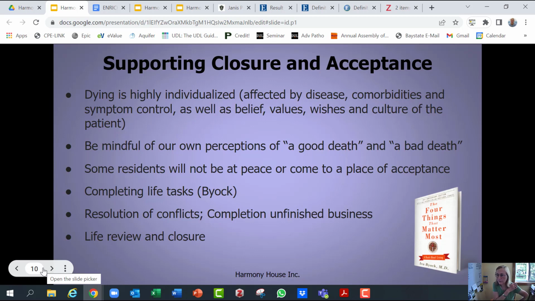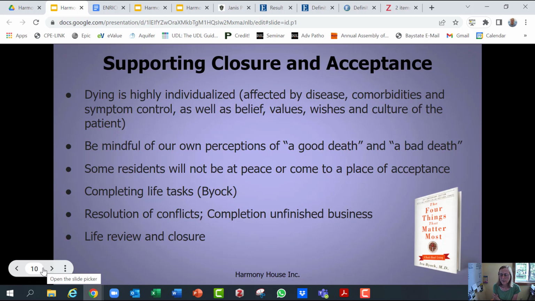But everybody's different, so all of those things should be taken into account. Be mindful of our own perceptions of what a good death looks like and what a bad death looks like, and really trying to move away from this sort of one-size-fits-all methodology that can be quite limiting.